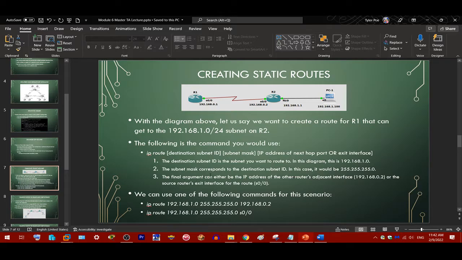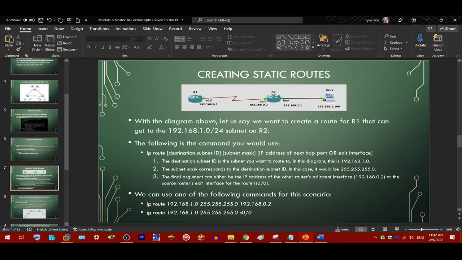Finally, the final argument can either be the IP address of the other router's adjacent interface, which would be 192.168.0.2, or the source router's exit interface for that route, which would be S0/0, because this is the port we would use because it leads to the router that can directly get to that subnet.